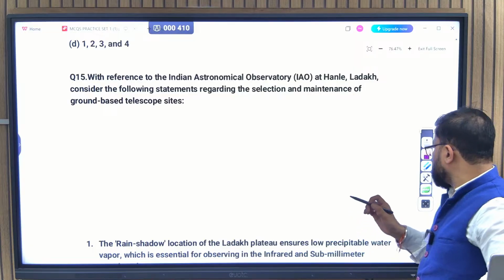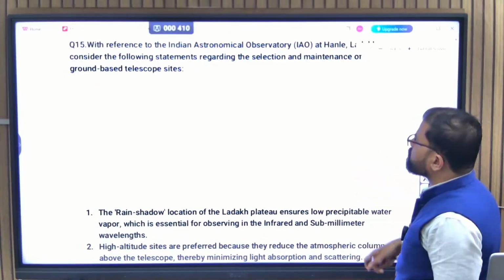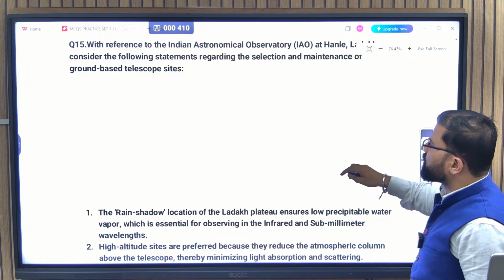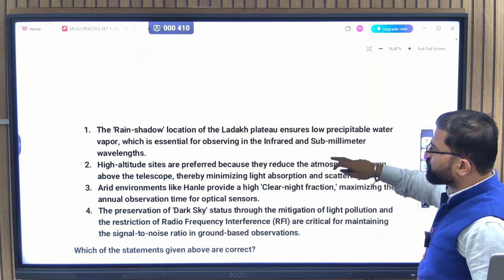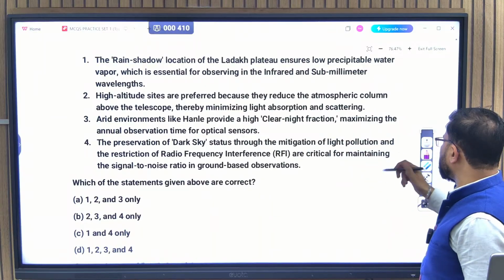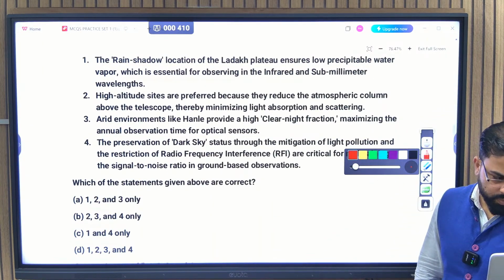Okay. Question number 15. With reference to the Indian Astronomical Observatory in Hanle, Ladakh, consider the following statements regarding the selection and maintenance of ground-based telescope sites. So we have to see the different factors that are responsible for the development of a ground-based telescope. Solve it.